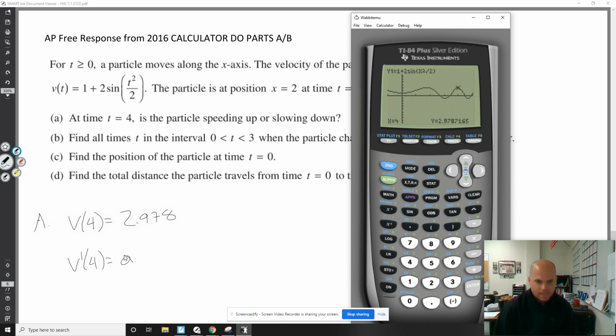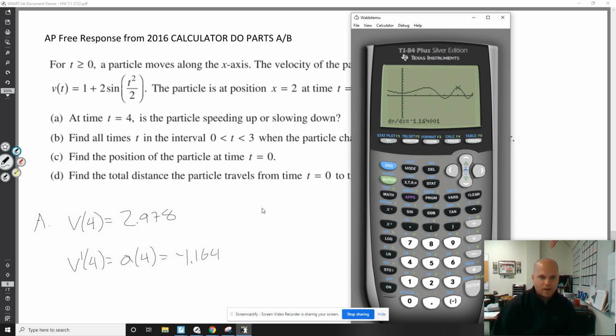v prime of 4, that's a of 4. Are we increasing or decreasing? The rate of change of velocity. Is velocity increasing or decreasing, and by how much? What's the slope of the tangent here? Second, calculate my dy/dx, where? 4. Enter. Yeah, just like I thought.